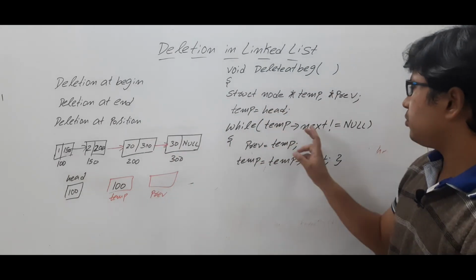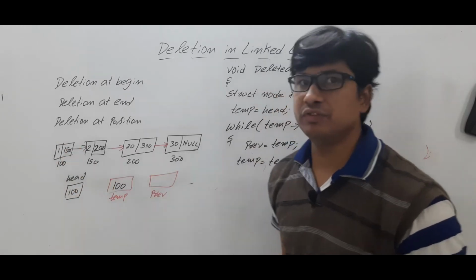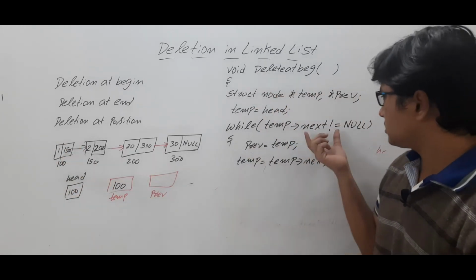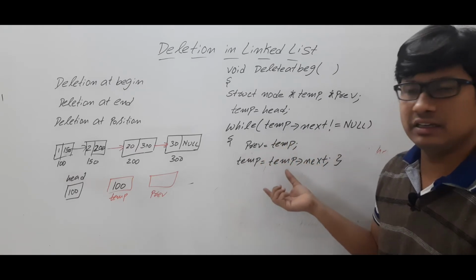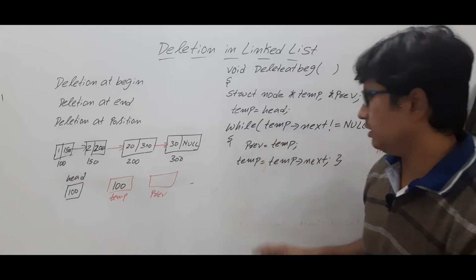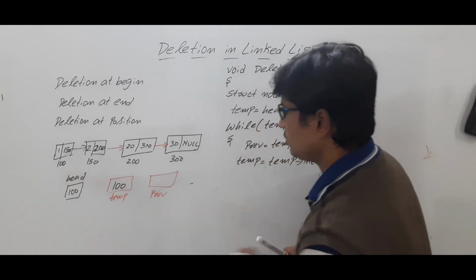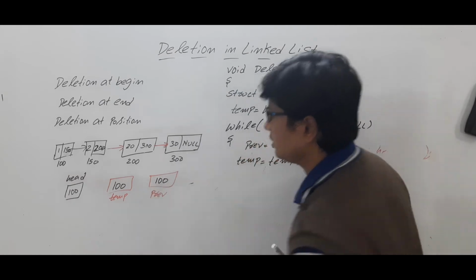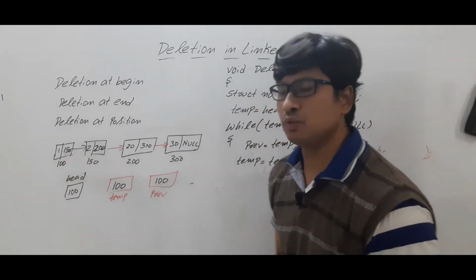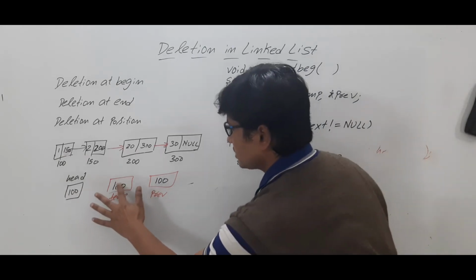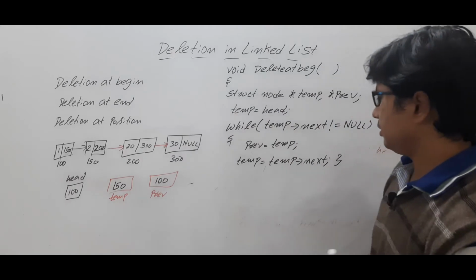Now while temp of next not equal to null: temp of next, 100 next is 150, which is not equal to null, so this condition is true. If this condition is true, what are the two statements in the while that should be executed? What is the first statement? Previous is equal to temp. So previous also will get address 100, and then temp is equal to temp of next. Temp of next is 150, that you need to assign to the temp. Is it clear? Are you able to understand?